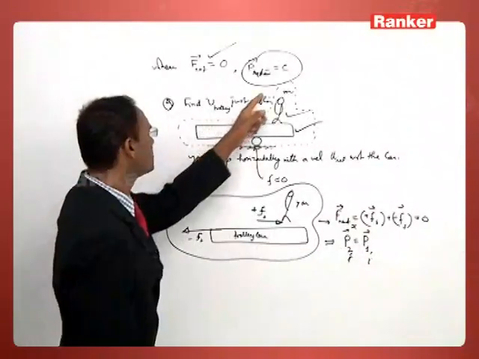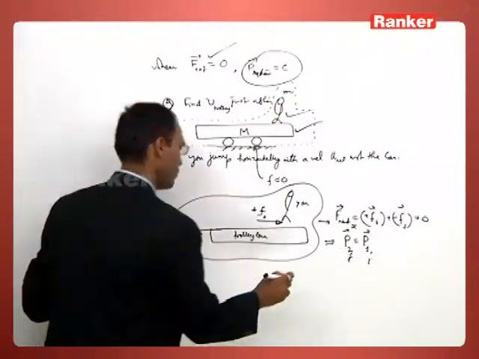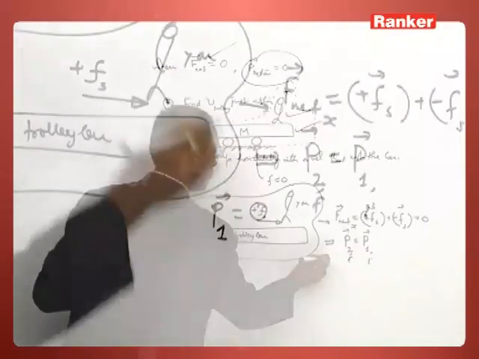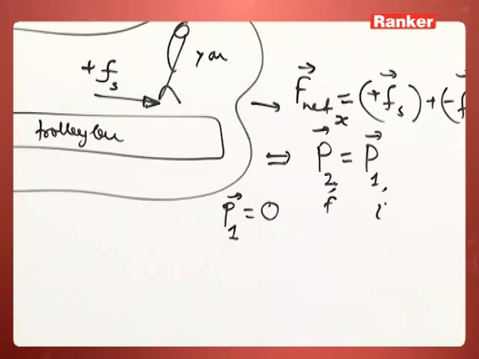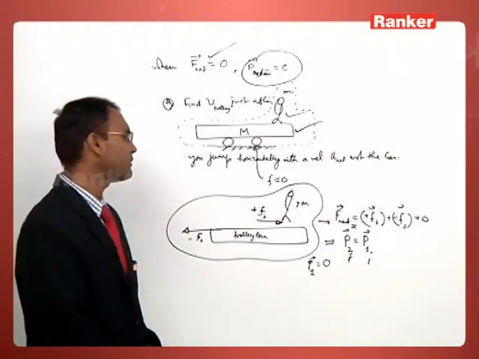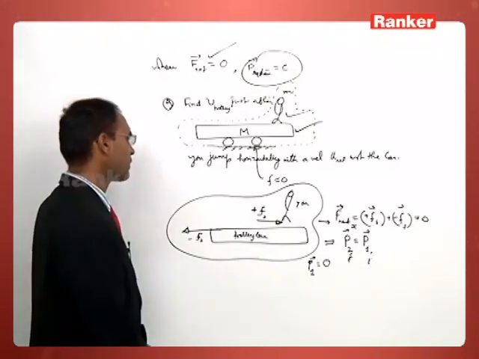Therefore, the initial momentum of the system is equal to 0. P1 is equal to 0. Now let us calculate the final momentum of the system. Individually, let us calculate the final momentum.